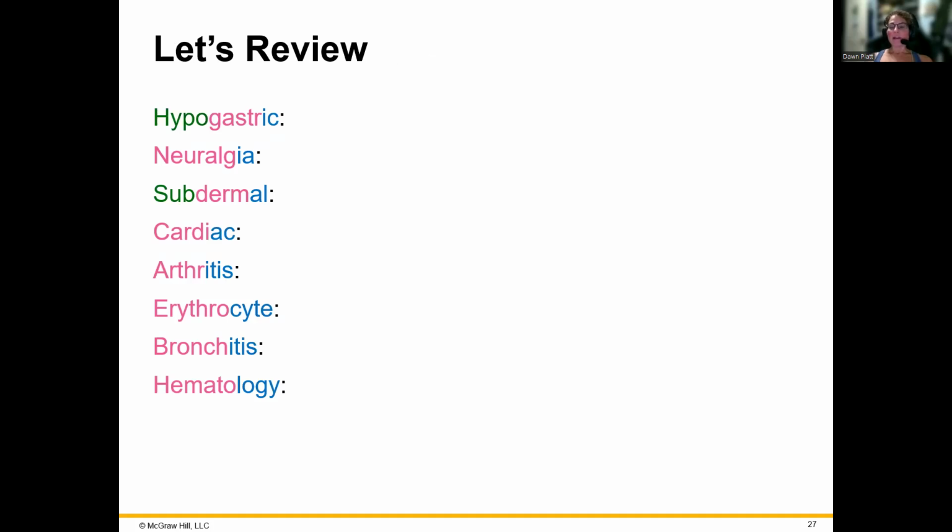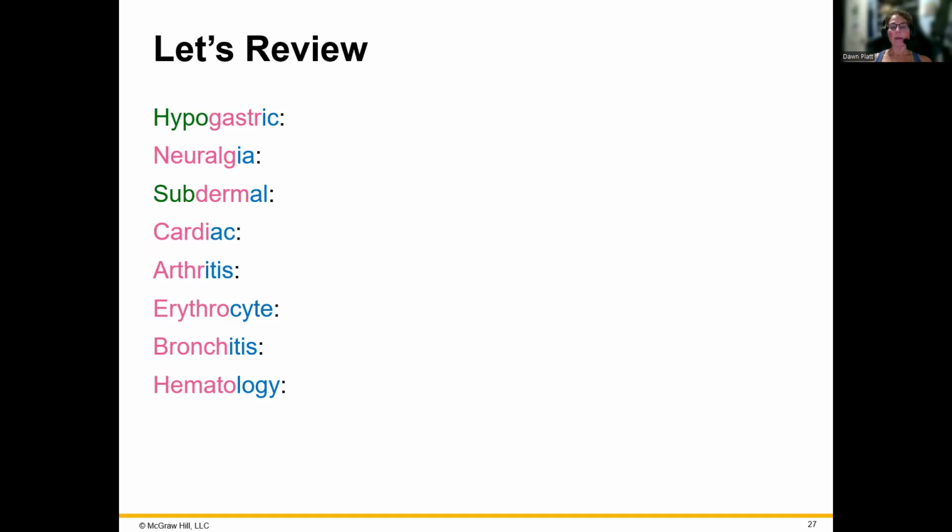Some review here. Let's take a look at this review. This is just for your fun. You can see that I've separated the prefixes, the root words, and the suffixes based on their color, because that's the color that they are identified in your book. However, in your book, I will tell you that root words look more purple than they do pink. So if you see purple or pink, it's going to be the same.